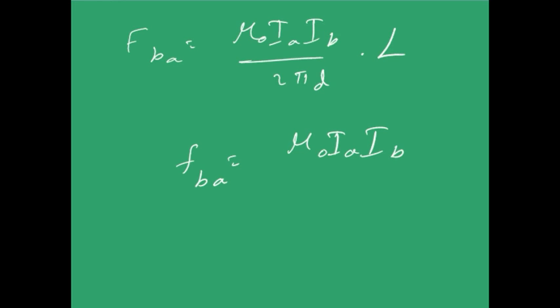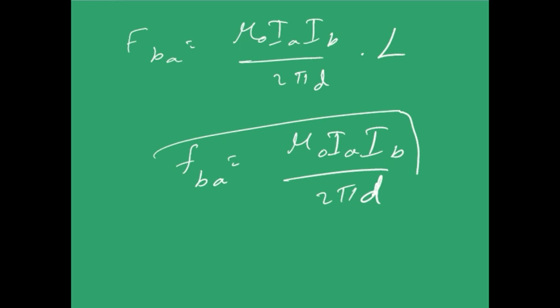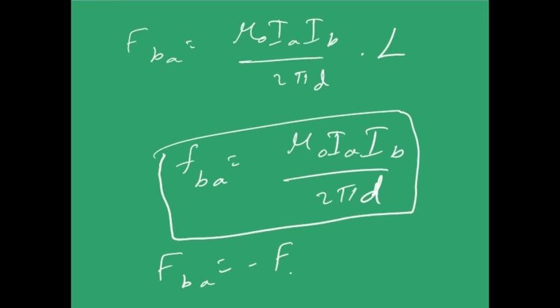This is easier to remember, and it looks nice even. This is the force per unit length. Note that FBA will be equal to the negative of FAB. I mean to say that the force on B due to A will be opposite to the force on A due to B.